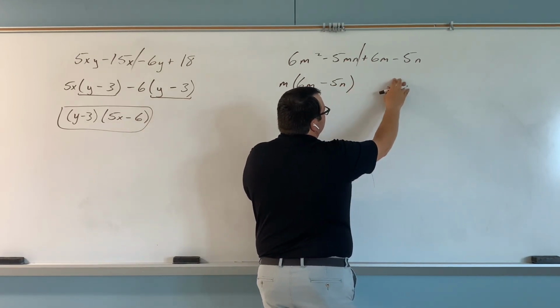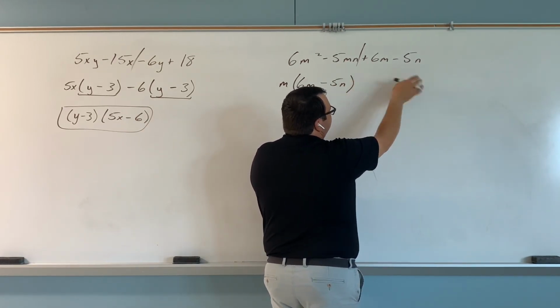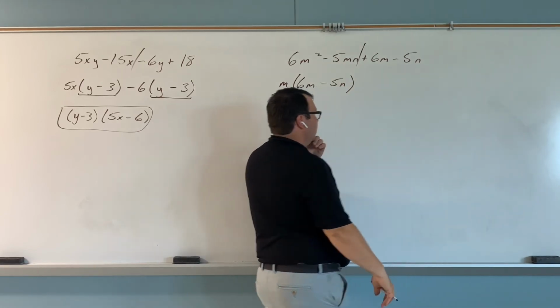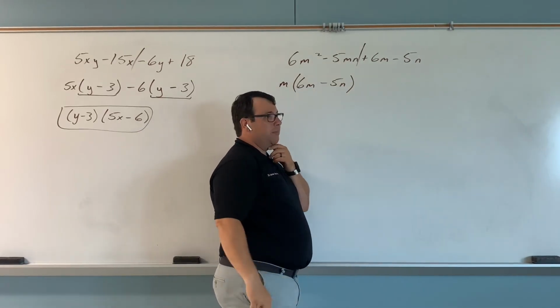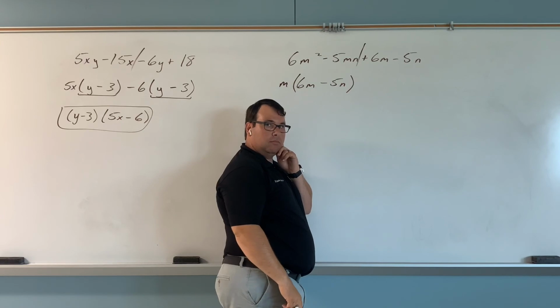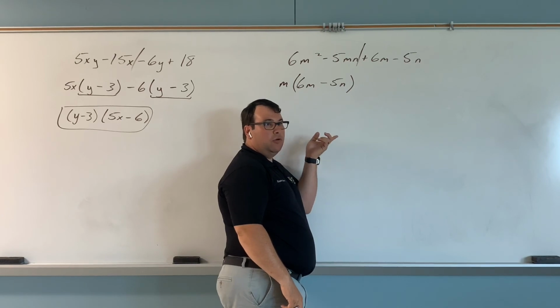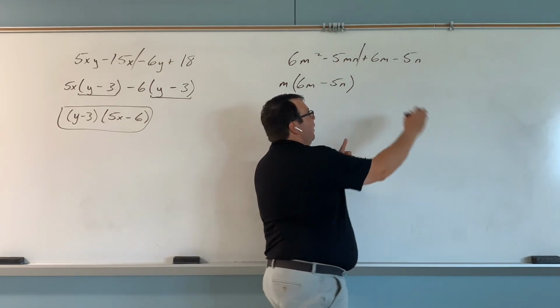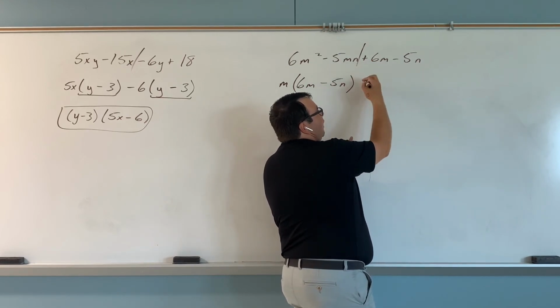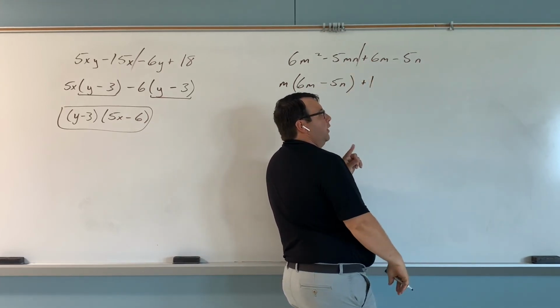Over here, I don't see anything that I can pull out. And my lead term's already positive, so what do I pull out? Remember, if you can't pull anything that is common between the terms, you can always pull 1. And in this case, I'm not wanting to change my sign, so I'm pulling a positive 1.